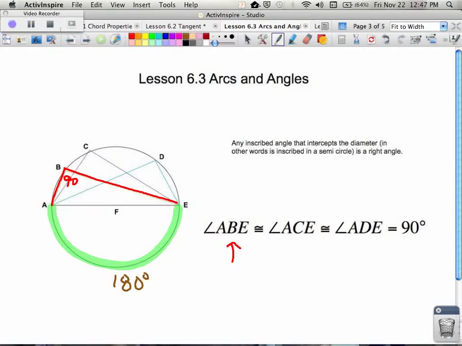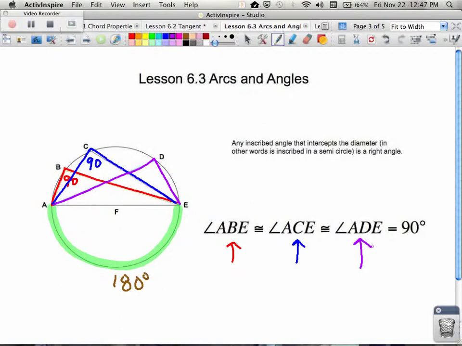That also means that angle ACE in blue, intercepting the 180 degree arc, since it's inscribed, would have to be half of the 180, or in other words, 90. And finally, just a third example for fun, angle ADE in purple is also intercepting the semicircle A to E in green. That's 180 degrees because it's halfway around the circle.